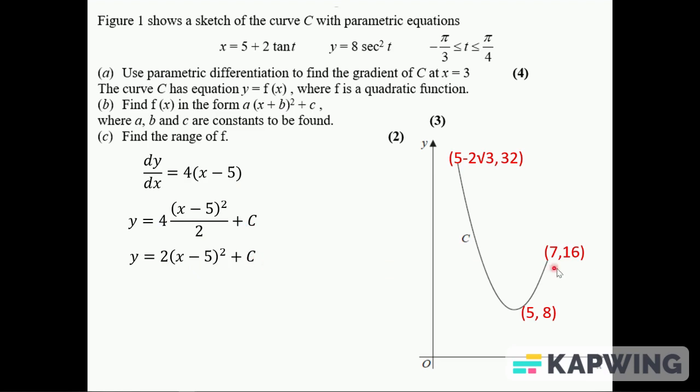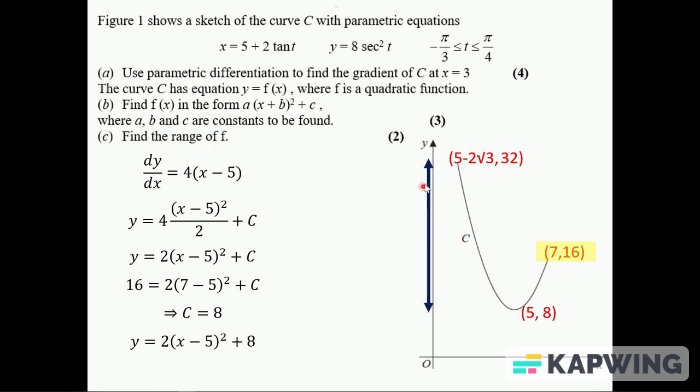We just need that plus c, and we can get that by putting 7 and 16 in, which we found before as well. So putting 7 and 16 in, I get this. The y is 16, the x is 7, giving me that c is equal to 8, which is what I had before.